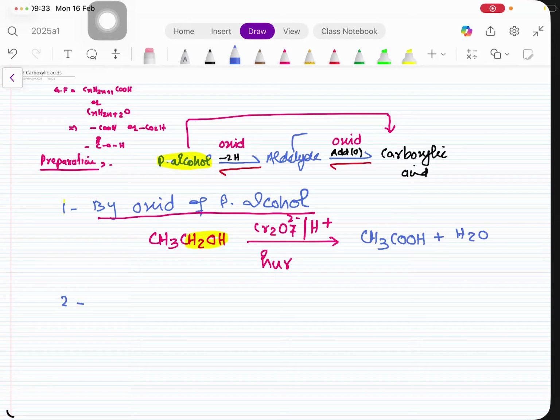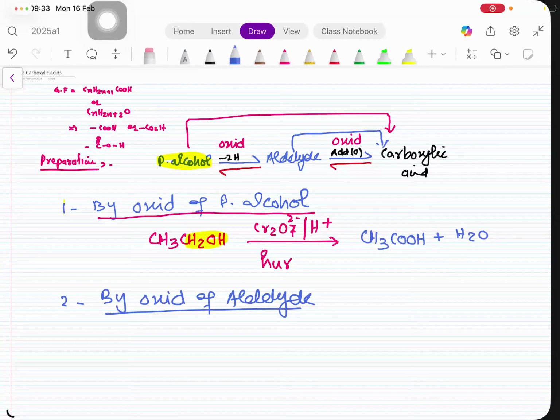Number two, by the oxidation of aldehyde. If you write full equation, you have to write 2 oxygen with it.